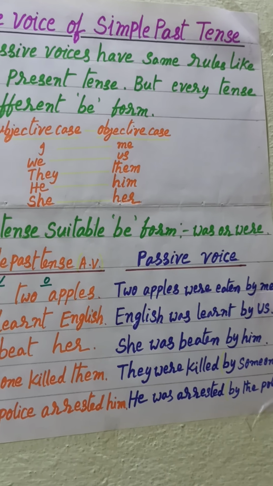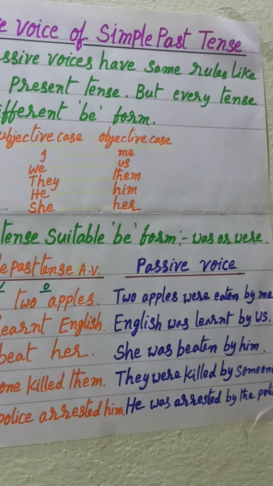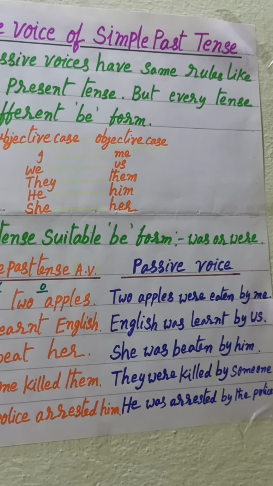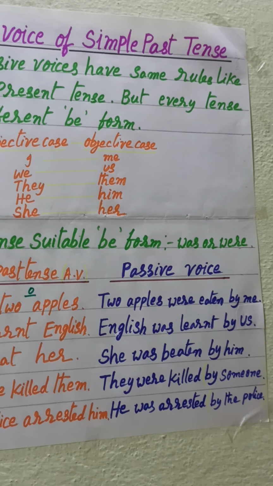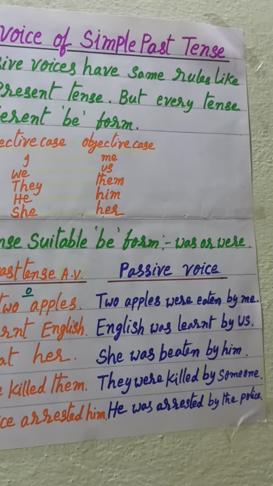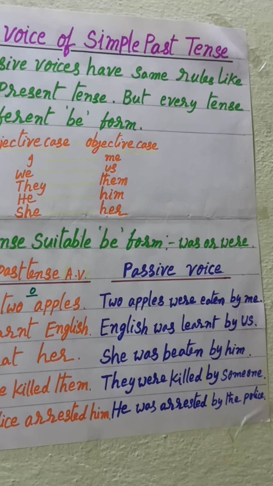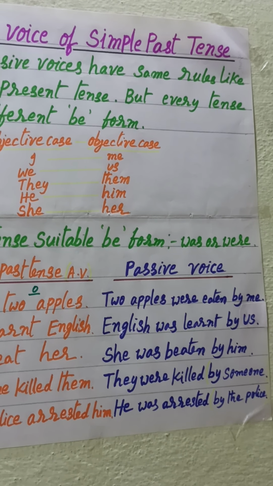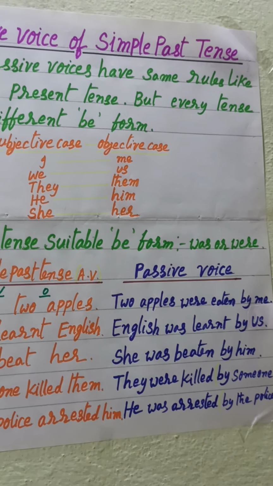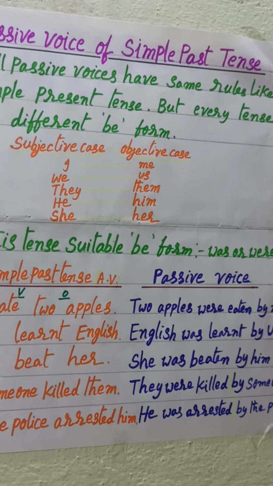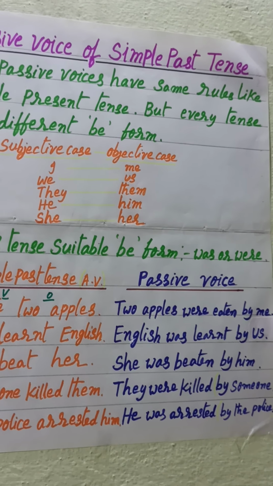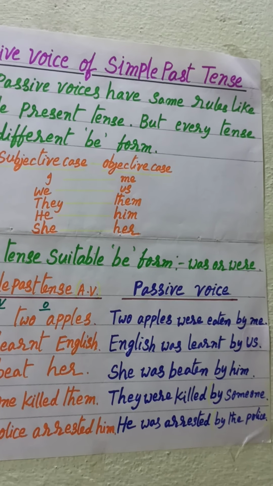By him is not needed because they already know about their position. So here by me, by us, by him, by someone, by the police are not needed to write or speak in conversation.